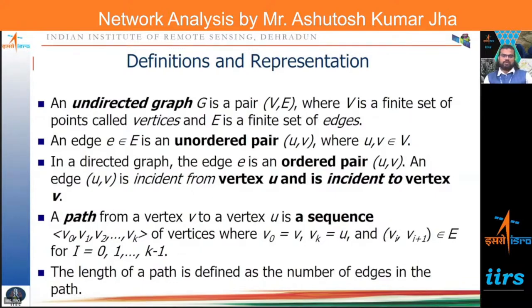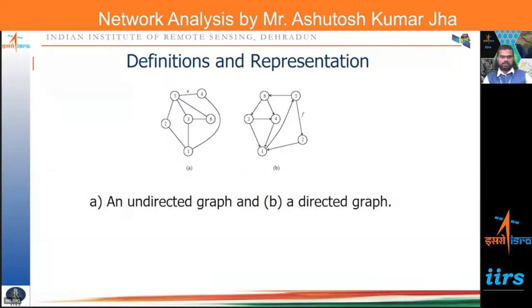Those need to be an ordered pair if it is a directed graph, otherwise their order doesn't matter. And finally we use a set of vertices to create a kind of sequencing. So the complete sequence traversal will lead to identification of a particular path. That's the way it gets represented.